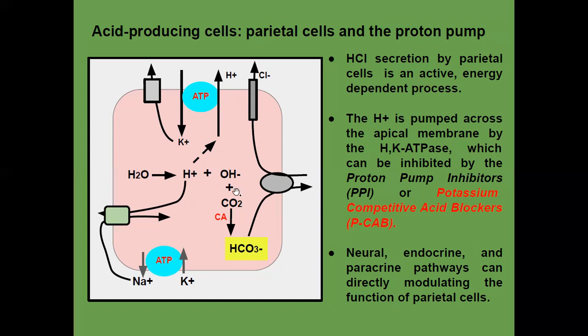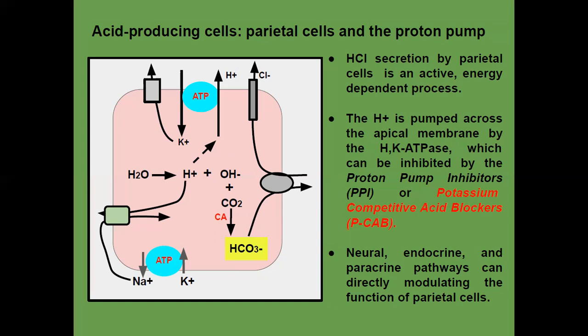Then the cell will let CO2, carbon dioxide, enter the cell and neutralize the hydroxide ion. With the function of carbonic anhydrase, bicarbonate is formed. So this is how the bicarbonate concentration in the cell is increased.